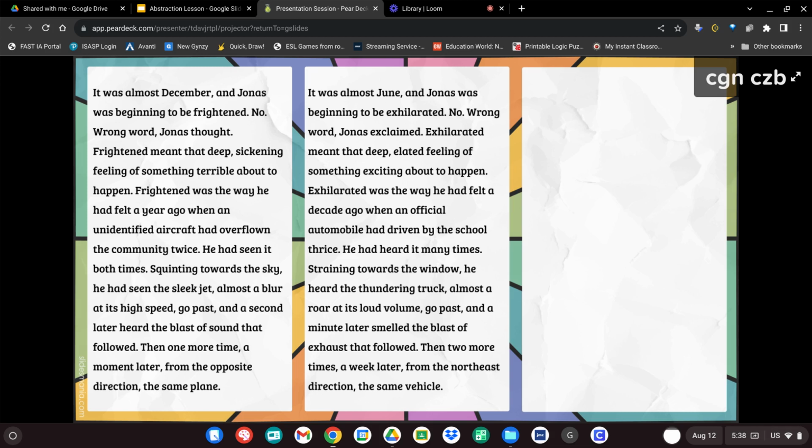He had seen it both times. Squinting towards the sky, he had seen the sleek jet, almost a blur at its high speed, go past, and a second later heard the blast of sound that followed. Then one more time, a moment later, from the opposite direction, the same plane.